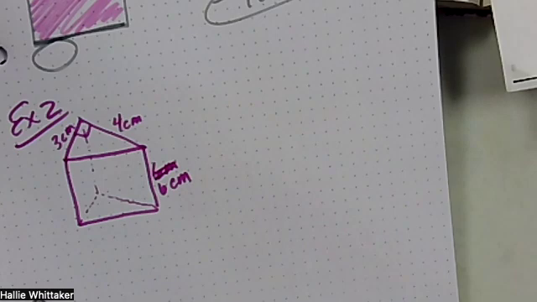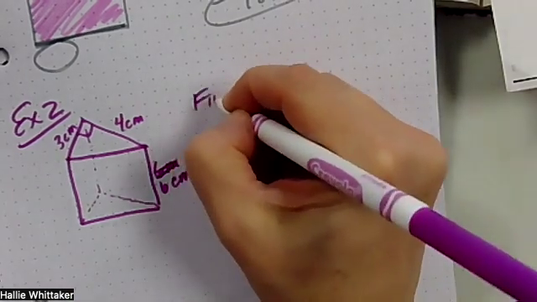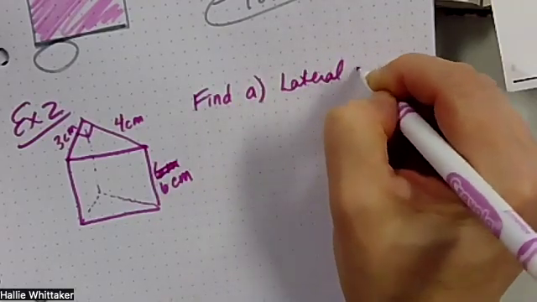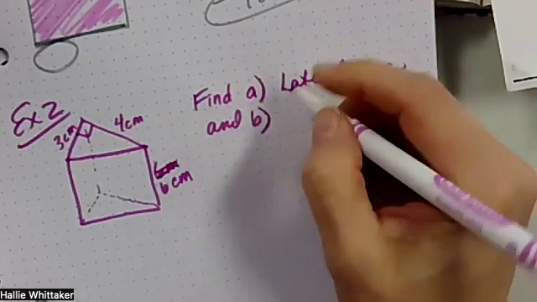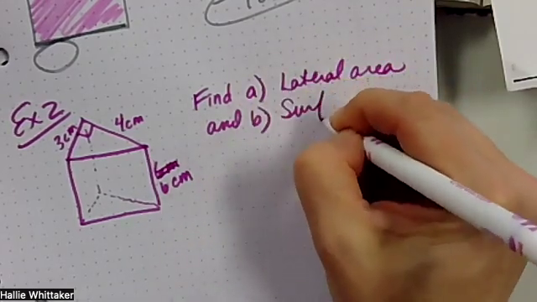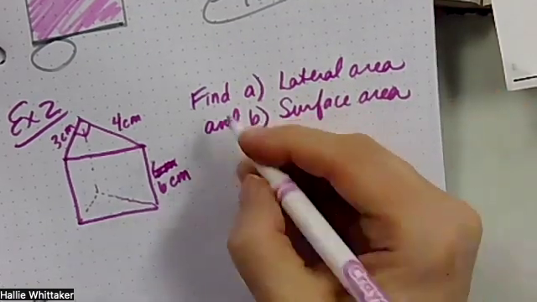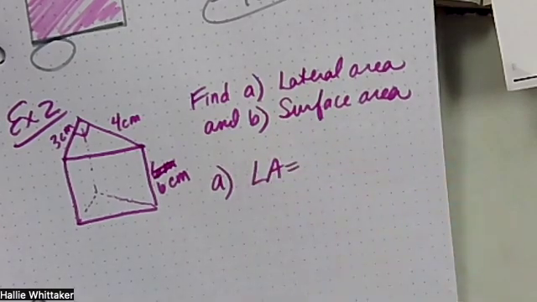Okay. The directions this time are find A, the lateral area, and B, find the surface area. Okay, so we're going to start with A. The lateral area is what?